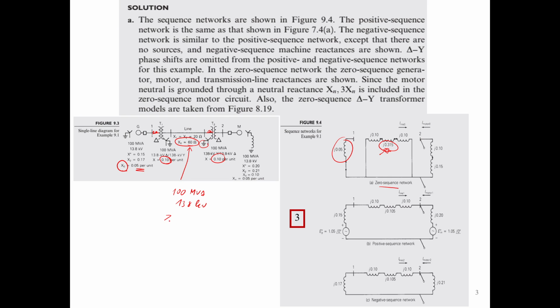So the Z base here is 13.8 squared kV squared divided by 100. So the X naught in per unit would be 60 divided by Z base, which is 60 multiplied by 100, then divided by 13.8 squared. So it should be the same as this one.